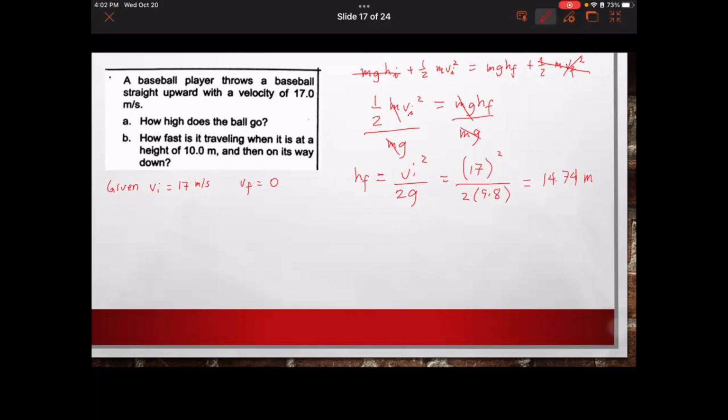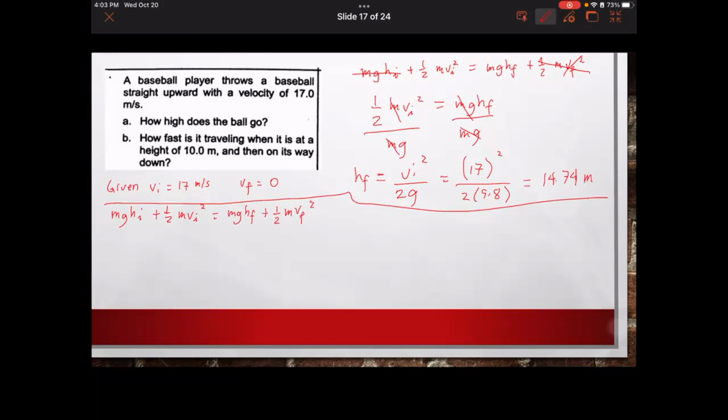Next, for the letter B, how fast is it traveling when it's at the height of 10 meters on its way down? So ganun ulit. Gamit tayo ng mgh ulit. mgh sub i plus 1/2 mvi squared is equal to mghf plus 1/2 mvf squared.